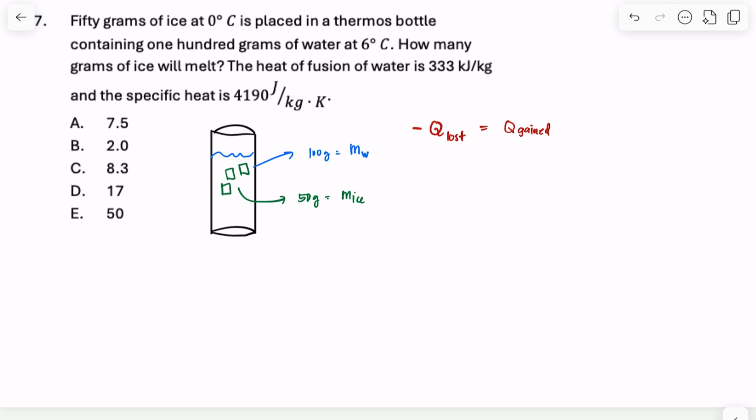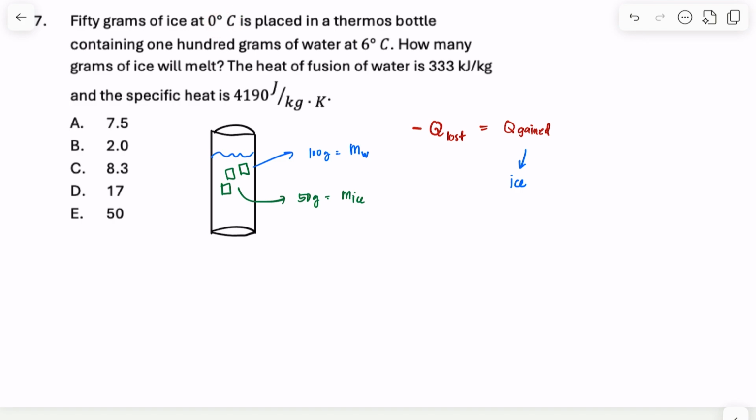Now who gains the heat? Take note that in this specific problem, it asks you how many grams of ice will melt. And for melting to happen, the ice needs to gain heat. So this one is the ice. Another thing that you have to consider, class, is the ice here, about 50 grams of ice, is already at 0 degrees Celsius.